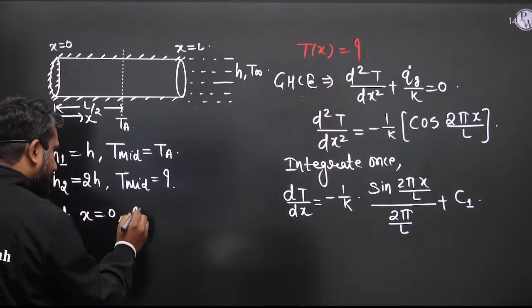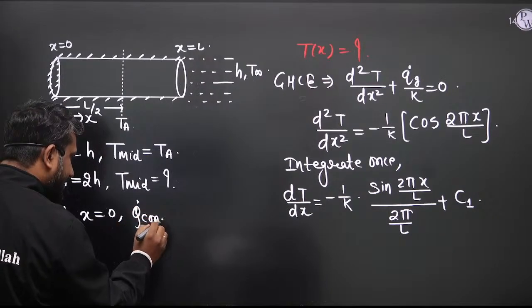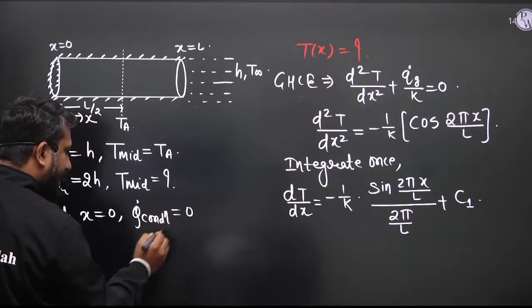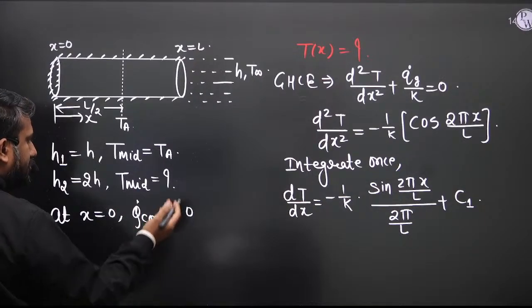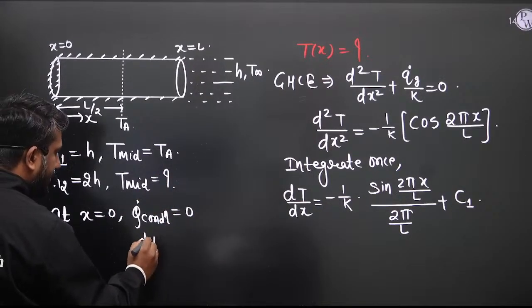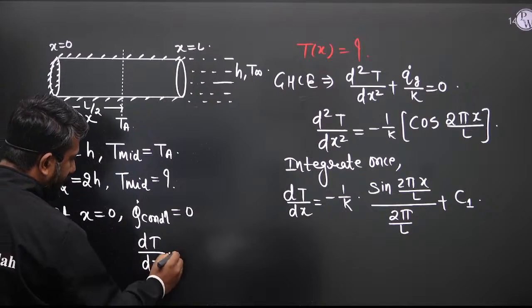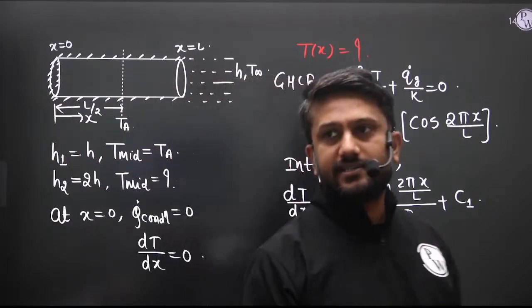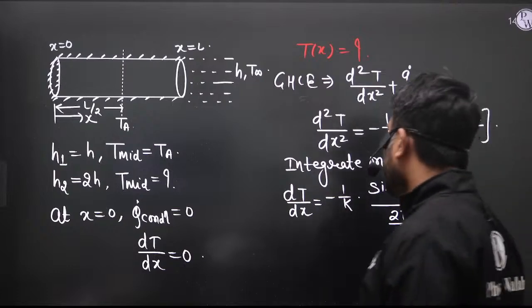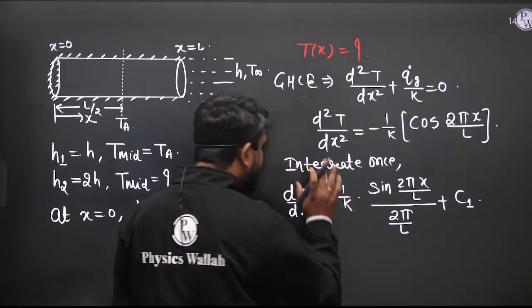So at x is equal to 0, the rate of conduction is 0. So simply we can write minus K A dT by dx is equal to 0. K is not equal to 0, A is not equal to 0, therefore dT by dx is 0. So this is the first boundary condition: at x is equal to 0, dT by dx is 0.